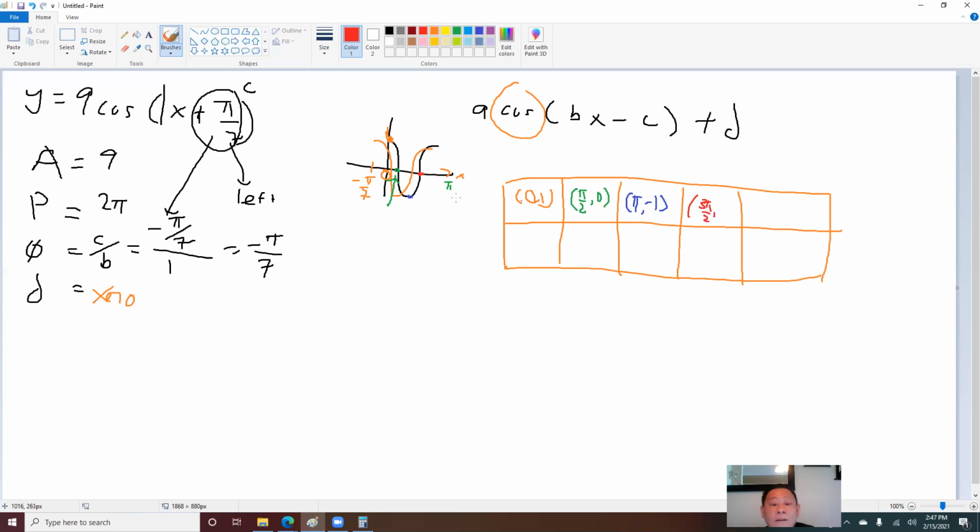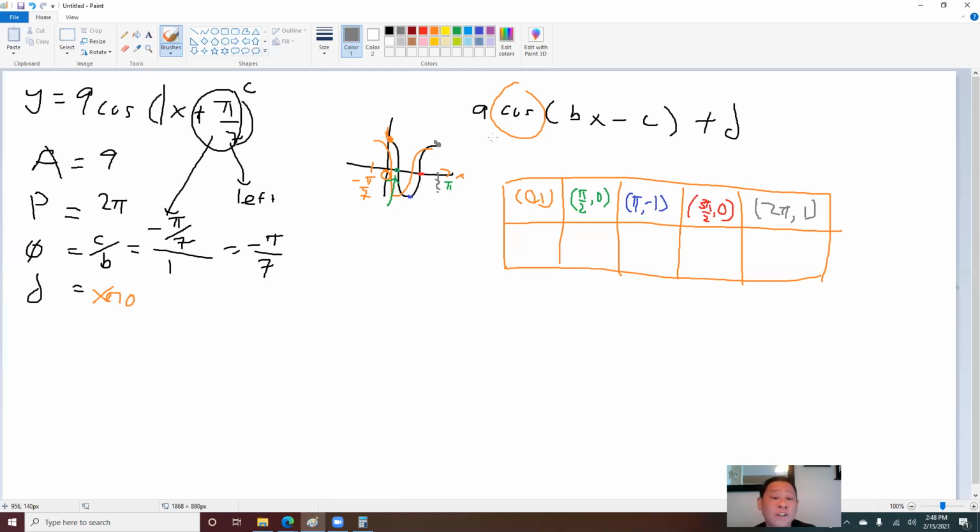And your y value is 0. And the last one is back up here, the gray point. What's the x value here? 0, pi over 2, pi, 3 pi over 2, 2 pi. And y is 1. Okay. Is 2 pi the degrees, or is 2 pi the radians for 360? Radians for 360, yes. Okay.